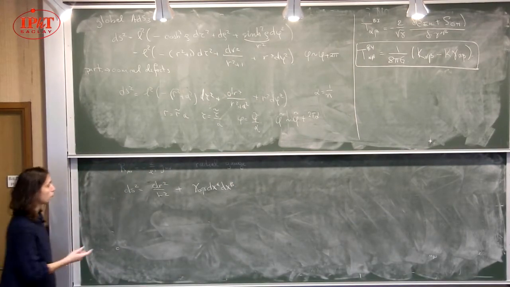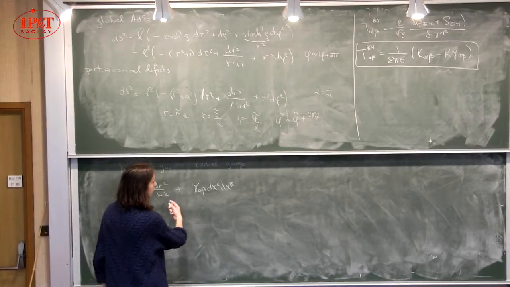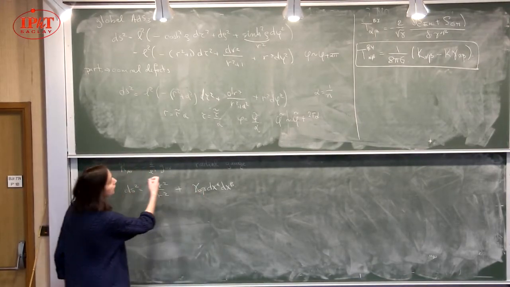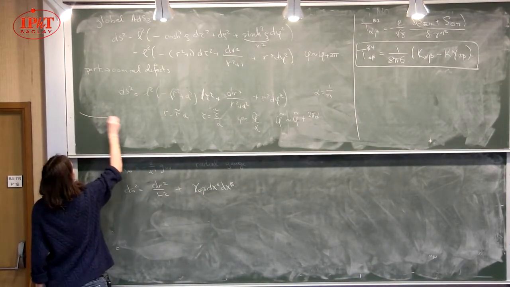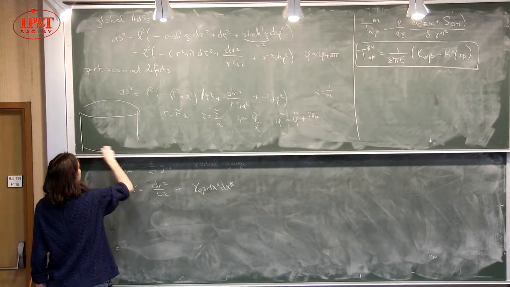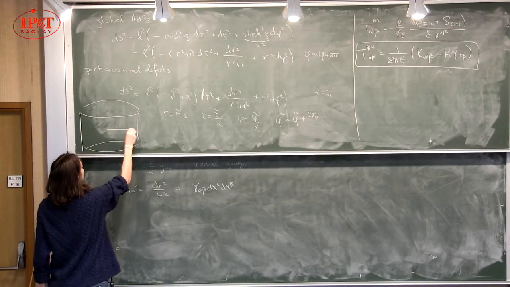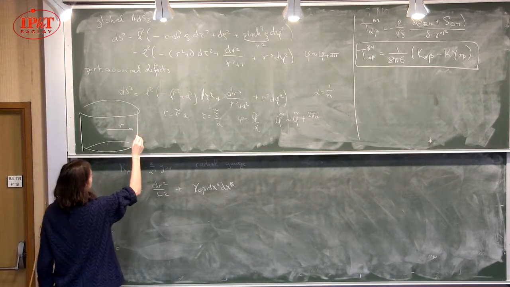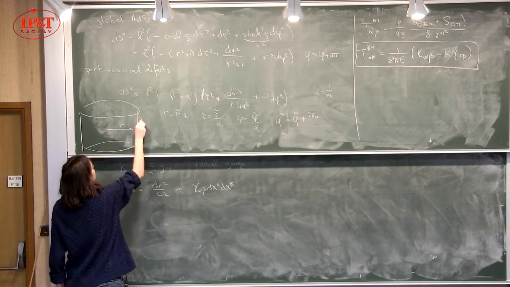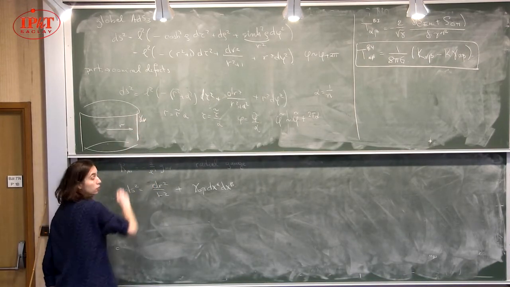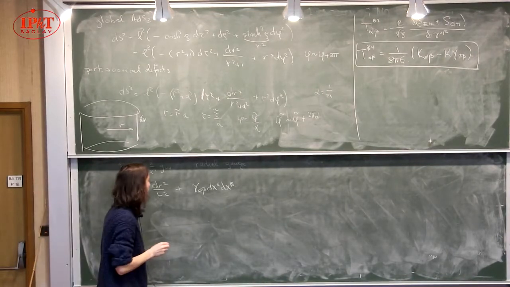So I have no mixed components of the metric between the radial and the boundary coordinates. But here, this is the radial coordinate going like this, and gamma alpha beta is really living on the boundary of the ADS spacetime.